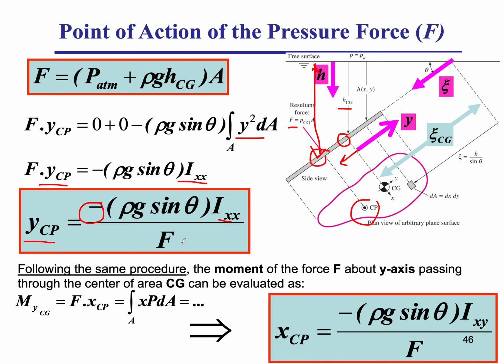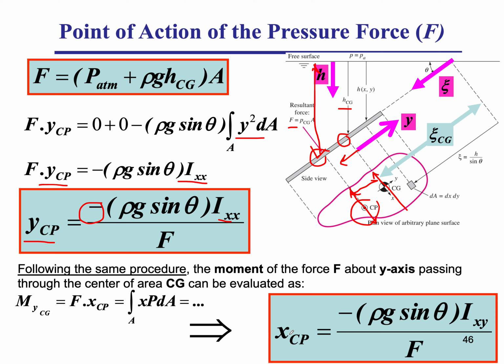Right, and then we can do the same procedure again and find the location along the plane. So now we found the Y, and then we can pinpoint the location along the X, where the XCP is going to be along this plane. We found the YCP, but now we want to find the XCP.